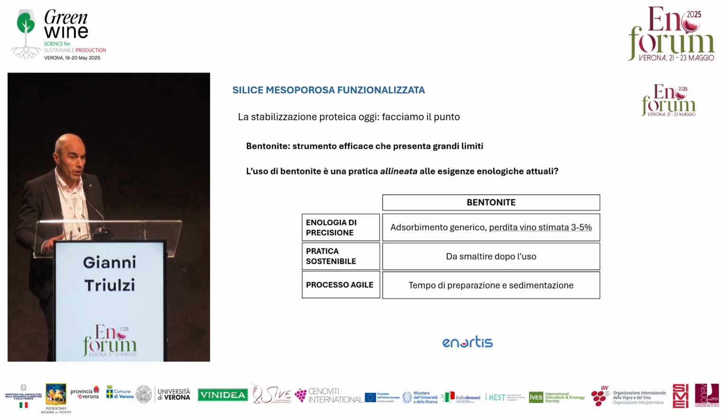Based on estimates, between 3 and 5% of treated wine is lost. 3 to 5%, if you consider it globally, means that approximately 4-5 million hectoliters per year are lost due to this treatment. Is it sustainable? Well, the product is used and then it has to be disposed of. Is it a lean and fast process? Not really, because you need to prepare, you need to apply a sedimentation process, so there is waiting time.